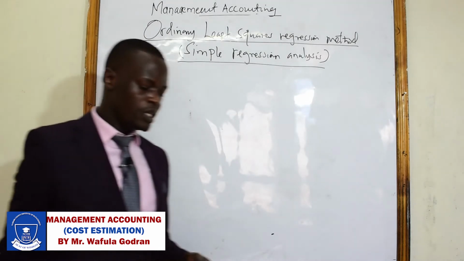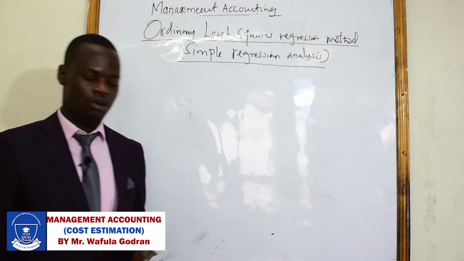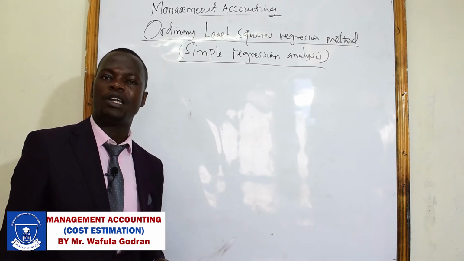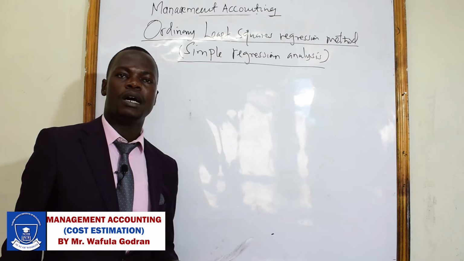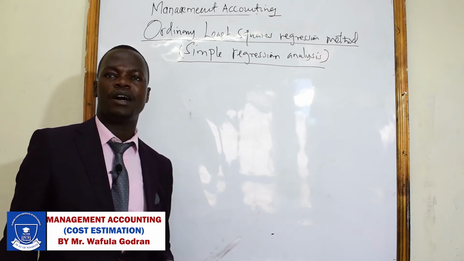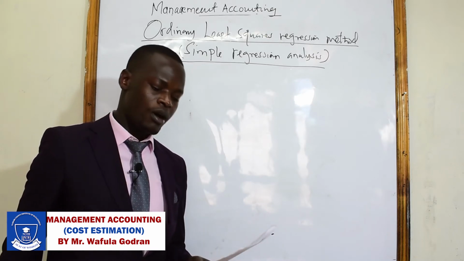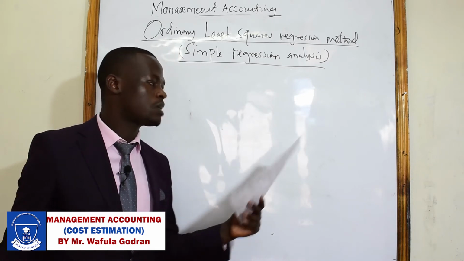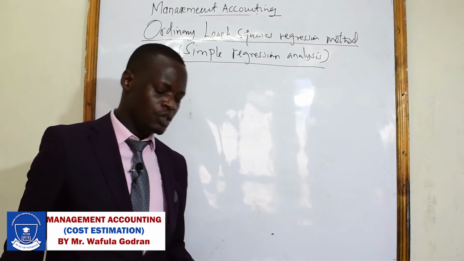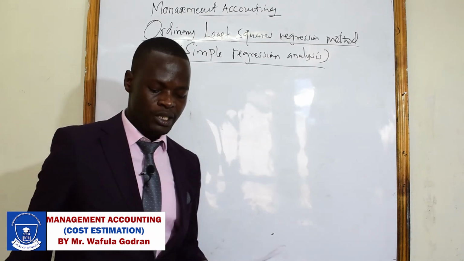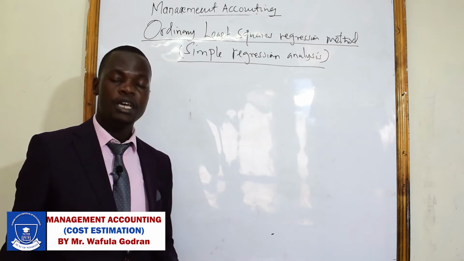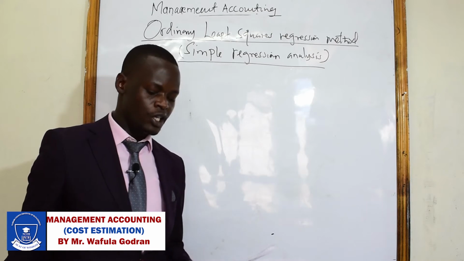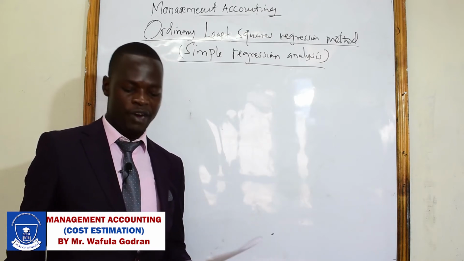Now, this method uses a statistical model. When we talk about a statistical model, we are mentioning statistical items like the mean. We are going to encounter somewhere where we will be calculating the mean. It uses that statistical model to measure the amount of change in one variable, the dependent variable, in relation to the change in another variable.